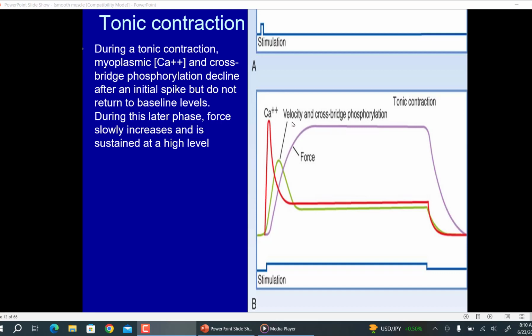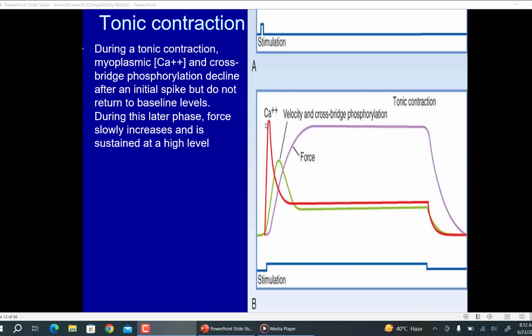You can see the peak of the spike, and there is development of full contraction. But after some time, these cross bridges phosphorylation decline after an initial spike but do not return to the baseline. During this later phase, force slowly increases and is sustained at a high level.